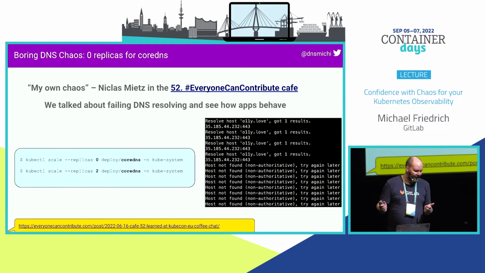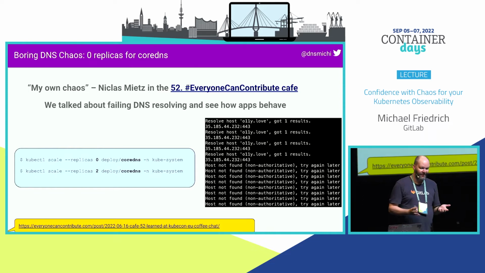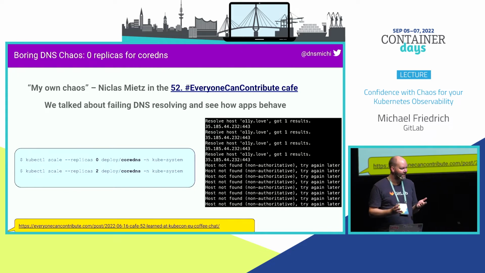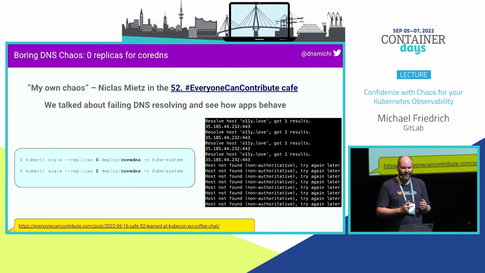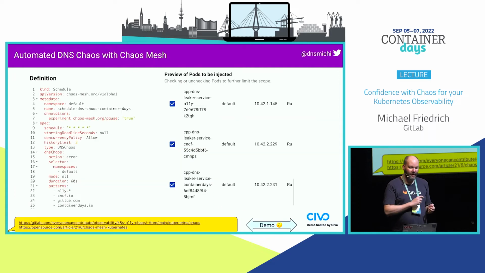Now, I talked about this in our Everyone Can Contribute Cafe meetup, and Niklas was like, yeah, I have my own chaos. I can scale CoreDNS to 0 replicas, and I was like, oh, I didn't know that. Interesting. Which is a cool way to fail everything. And it got me thinking, but how can we do that in a more automated way and only fail certain things in this scenario?